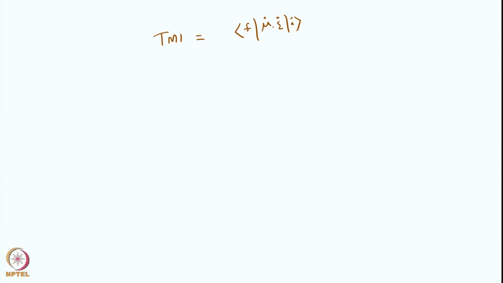If this integral is 0, the transition is forbidden. If this is not equal to 0, then it is allowed. These combine to form what are known as selection rules.